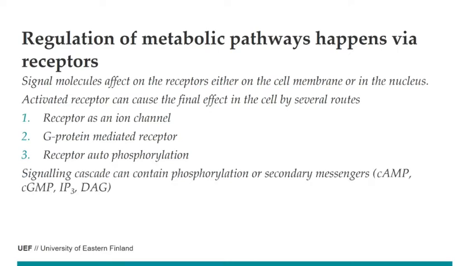And then we have different kinds of signaling cascades that cause the end product. It can contain phosphorylation, or it can have some secondary messengers: cyclic AMP, cyclic GMP, inositol triphosphate, diacylglycerol.